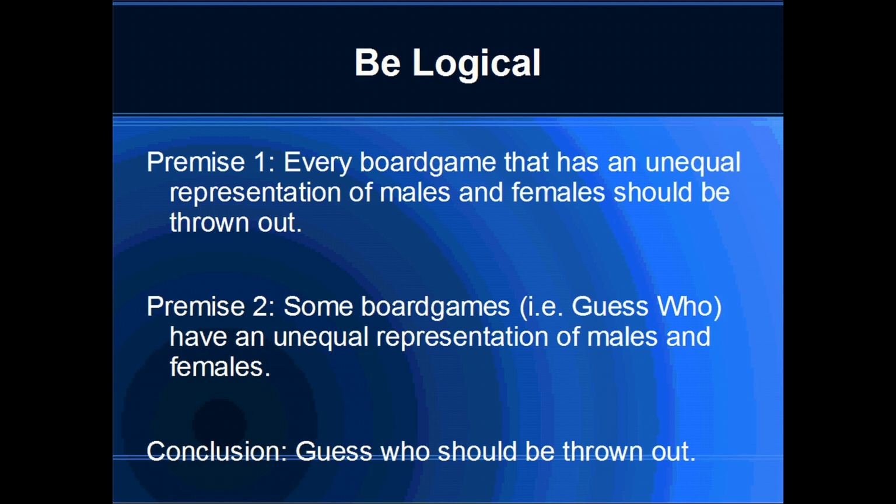And so the conclusion you get is Guess Who should be thrown out. Now, something to note about that is, again, premise 1 sets up that principle so that if her and her mom have any other board games that have an unequal representation of males and females, those games should be thrown out as well, because those are also some board games that have an unequal representation of males and females.